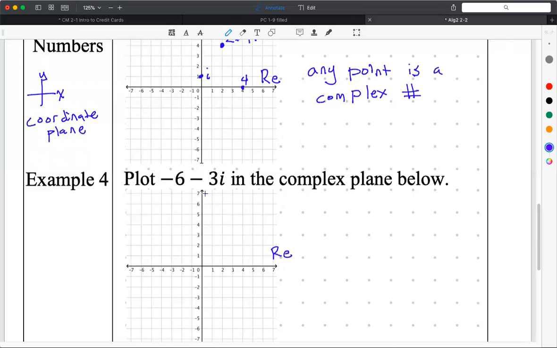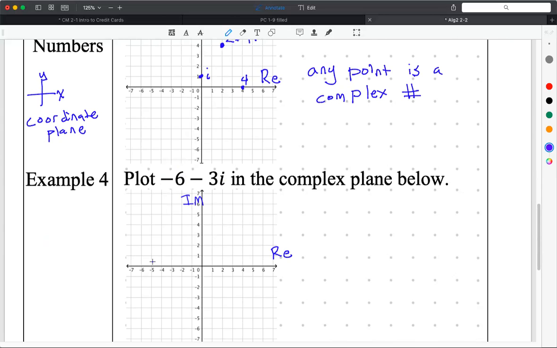All right, so we know that the real axis goes left and right. The imaginary axis goes up and down. So -6, is that a real number or an imaginary number? A real? It is a real, you're right, because it doesn't have any imaginary i unit next to it. So there's no i. So that means this 6 is telling me how much to go left and right. Do you think we should go left 6 or right 6 then? Left?